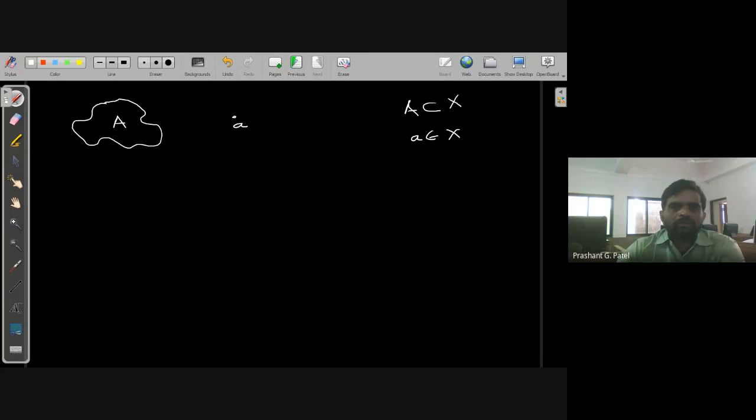Can anybody have any idea regarding this? How to define a distance between a set and a point?